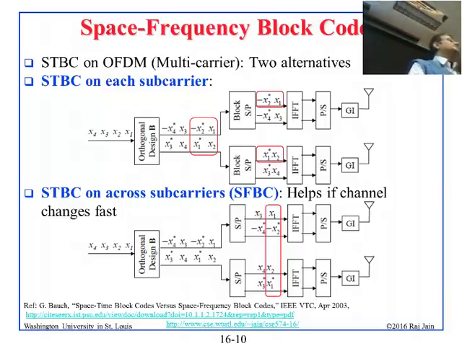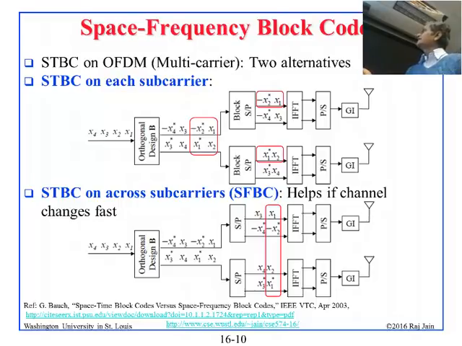Yeah. What's the difference between SFBC and STBC on each subcarrier? Yeah, so basically when you do STBC on multiple subcarriers, then you get this. Basically, you are dividing the things on different subcarriers. So here, you see, all we did was X1, X2 star.